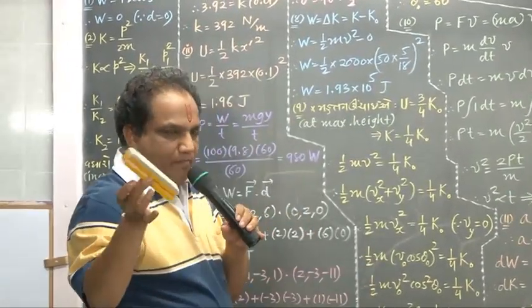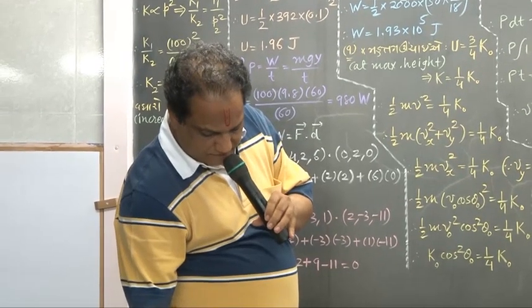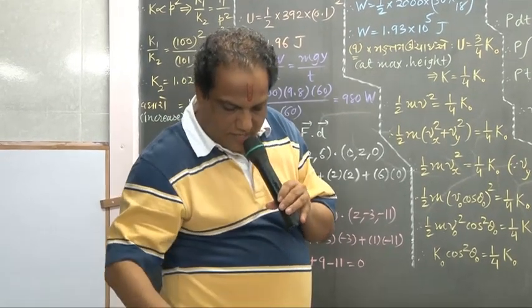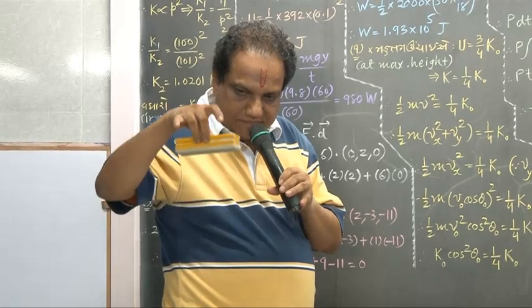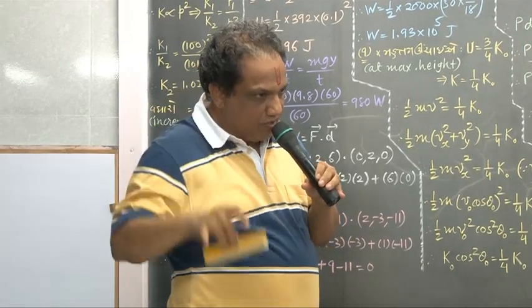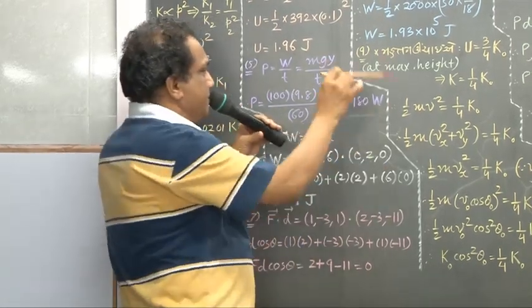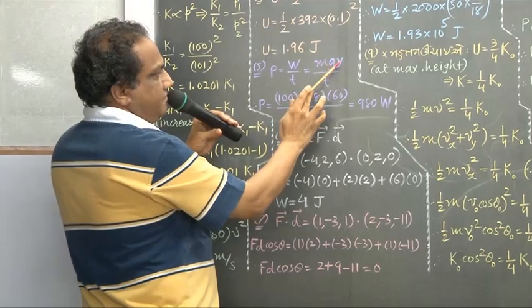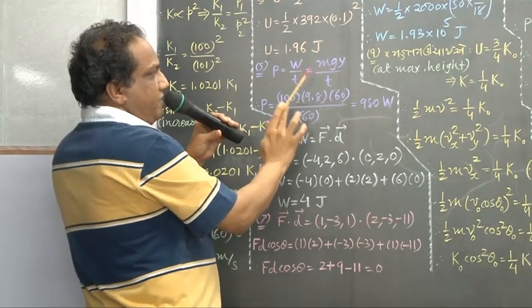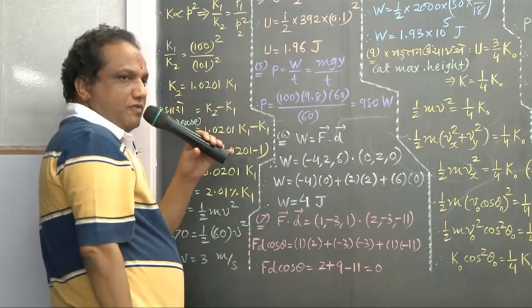So this is the body of mass m. Look here, I just lift it. I bring it to height y, and in time t, I am doing this work. So work done against gravity is mgy. And in time t, work done upon time taken will give you power.